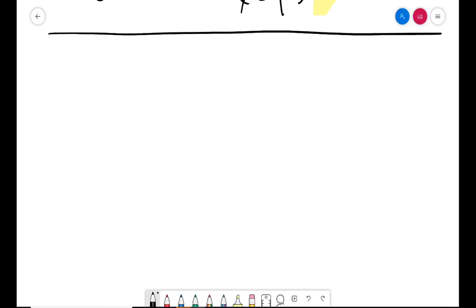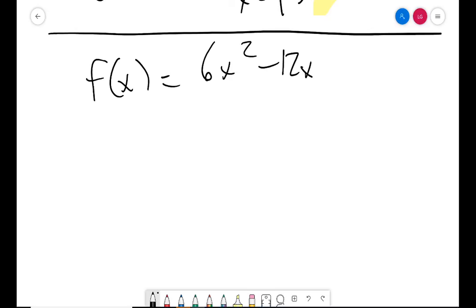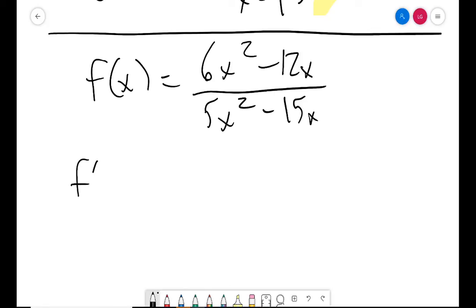All right, let's do another one. Oscillate between harder and easier ones. So first step, this is a unique issue, right?